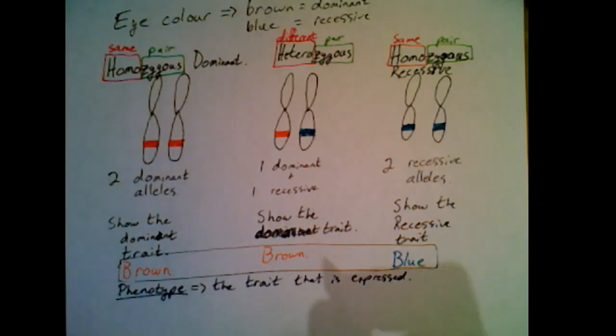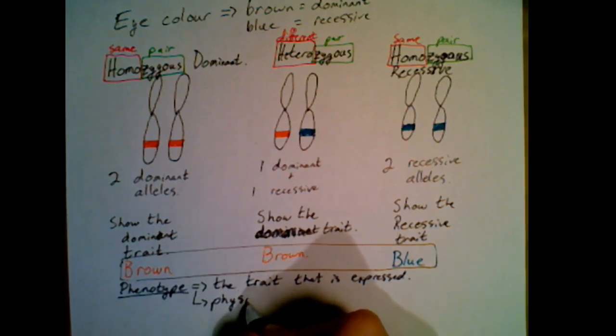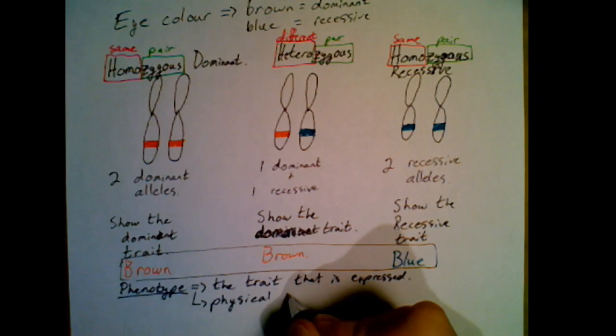So for myself, when I talked about my hair, my phenotype is the color of hair that I have. For our people in our example, their phenotype is the colors of eyes that they have. Phenotypes are what we actually end up seeing. I like to think of them as your physical type, your phenotype. So that is a great way to remember what this actually means.